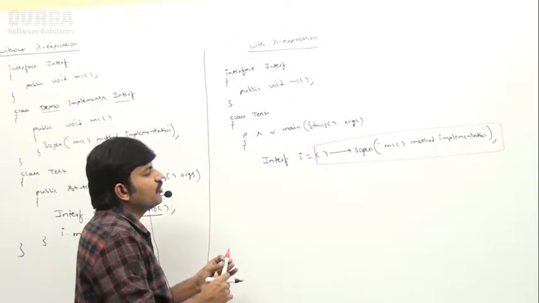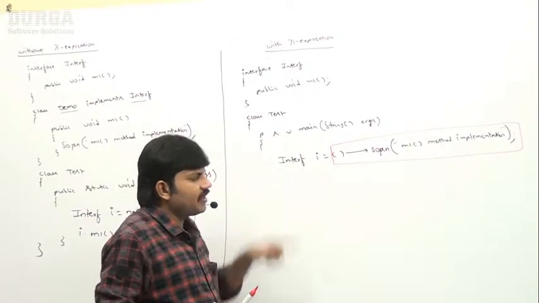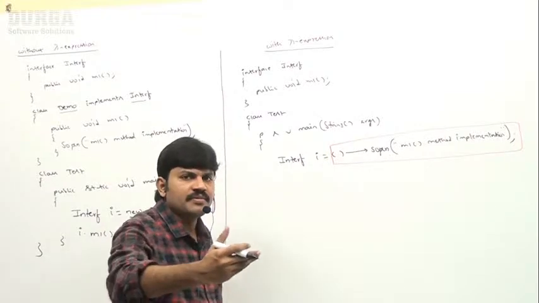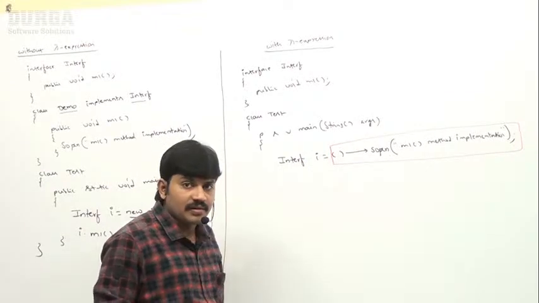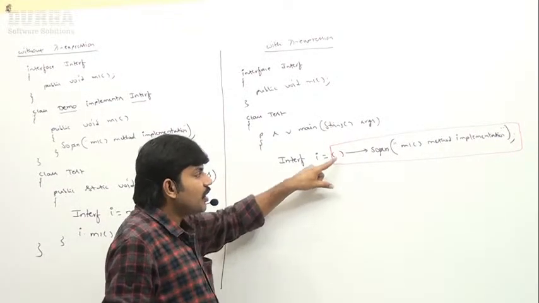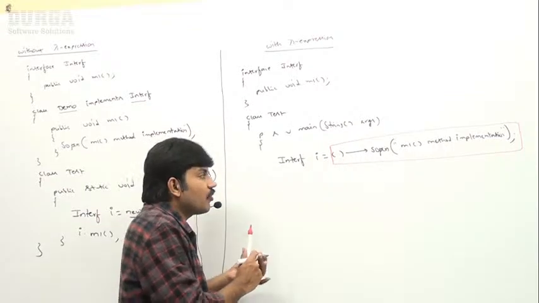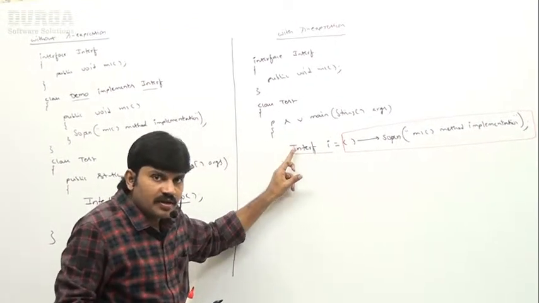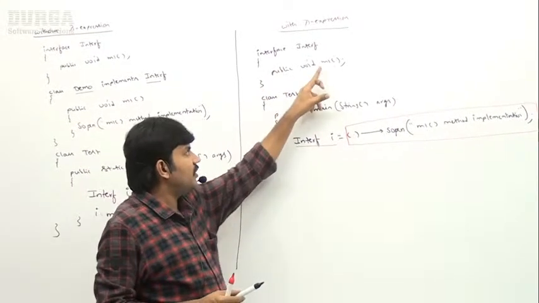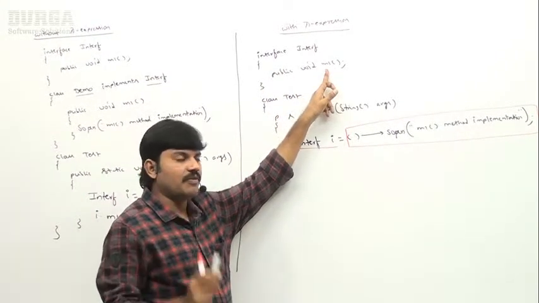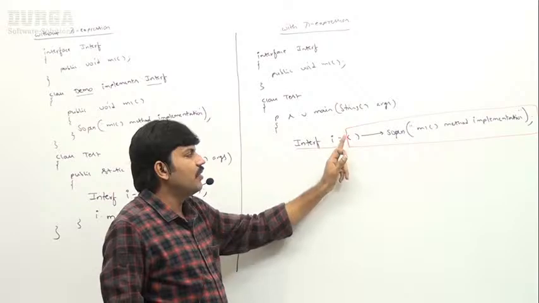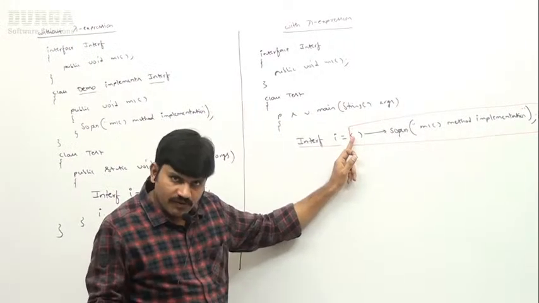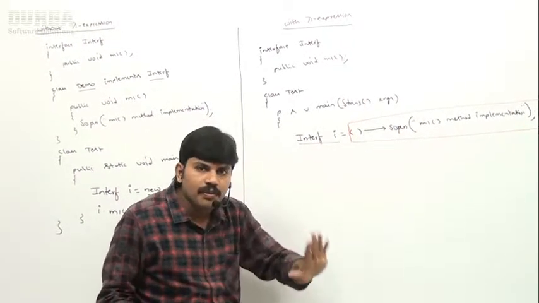Very simple. Whenever the compiler comes across this line, it is using this lambda expression that we are holding by using an interface reference, right? What is the name of that interface? Interf. Inside interf, how many methods are there? Only one abstract method, m1. The compiler can guess that these are the arguments to the m1 method and this is the implementation.